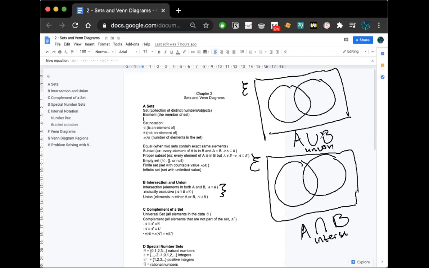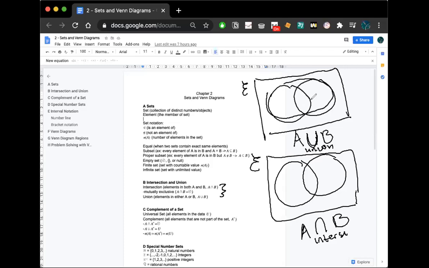I don't know how people usually do it. I think there are times when people confuse the signs U and N, but how I usually try to remember is union is in the form of U, and the shape is kind of like taking into account everything.